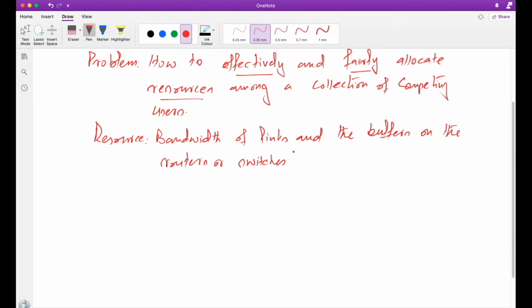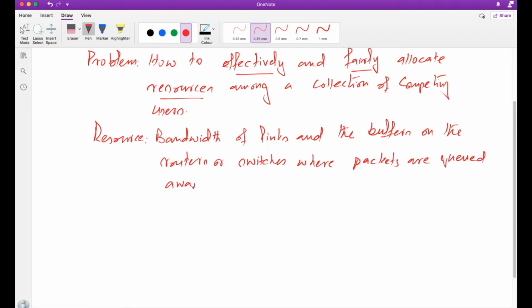Why are we interested in allocating buffers on routers or switches? Because here we queue the packets for transmission. So the buffers on the routers and switches are where packets are queued, awaiting transmission.